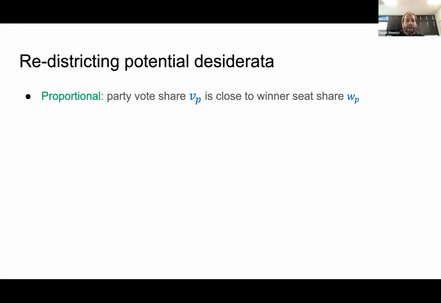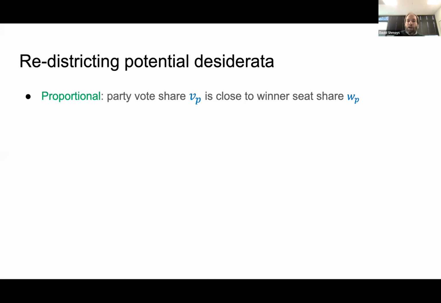So as you think about redistricting, there are a number of goals that you might have in mind. As you think about a district plan for a given state, there are many ways of thinking about this, but from a simplifying point of view, you might just want to think about how the vote share for a given party, let's say in a two-party system, as we predominantly have in the US, translates into how many seats each party wins.